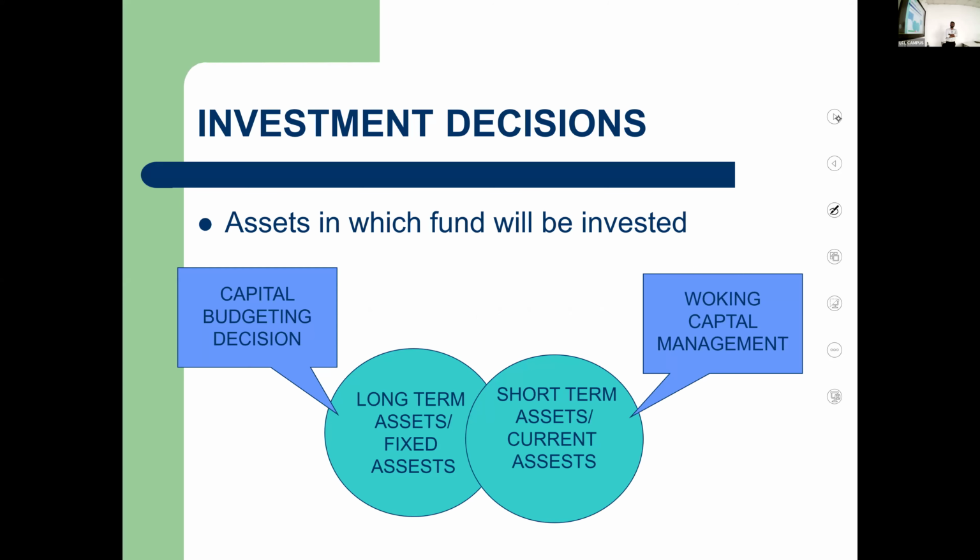Right. Investment decision: in which asset we are going to invest our fund, invest our money. It has two things. If you are planning to invest in a long-term asset or fixed asset, what does long-term asset mean?